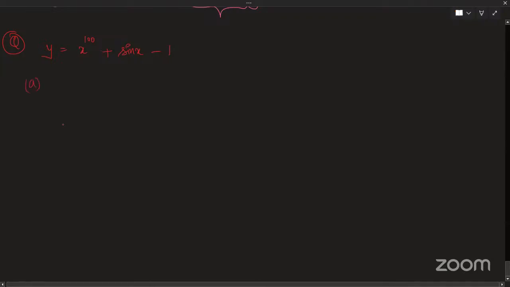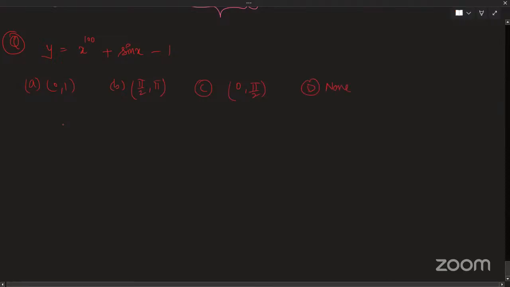So you have got a function y as x raised to 100 plus sin x minus 1. The options: first is 0 to 1, second is pi by 2 to pi, third is 0 to pi by 2, and D is none of the above.